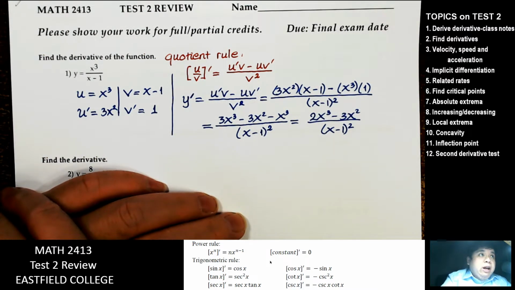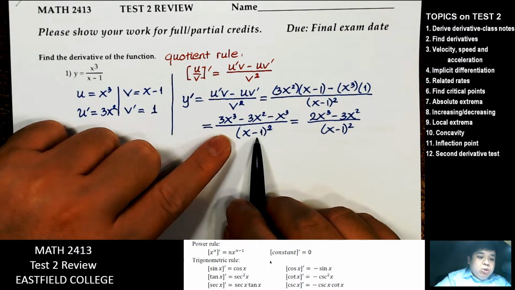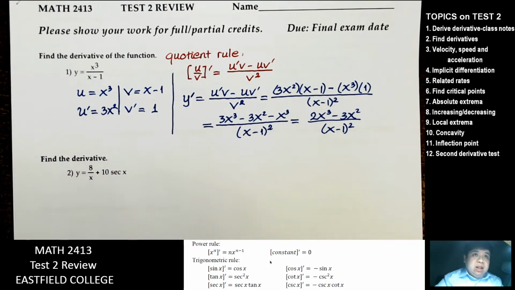And that's all we have. We will not need to multiply the denominator out, and the top we don't need to simplify anything. So it will be just that straightforward quotient rule.